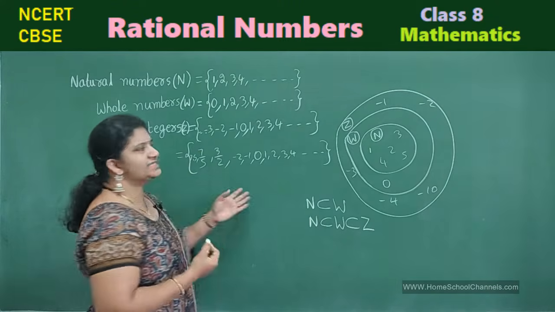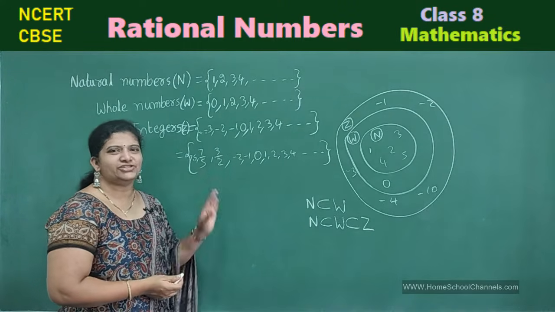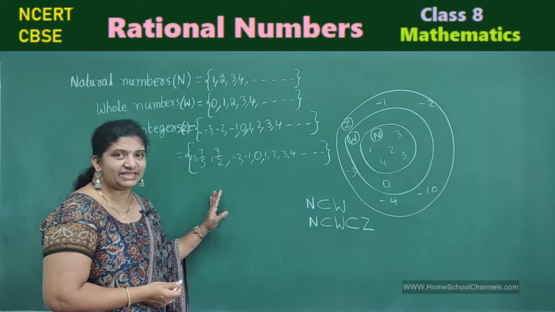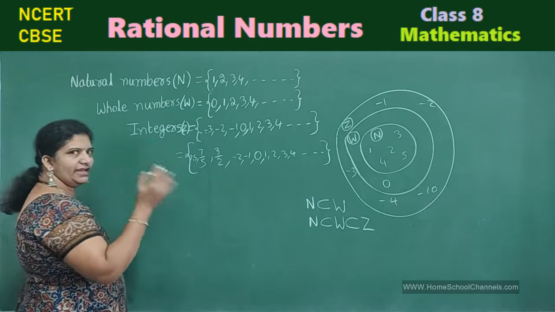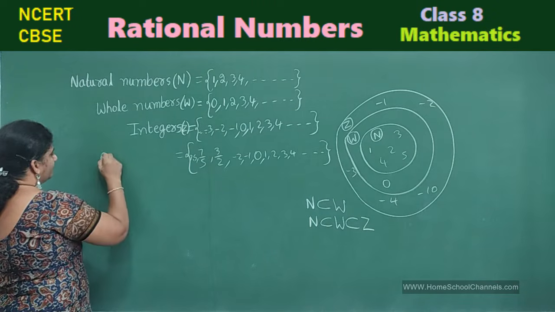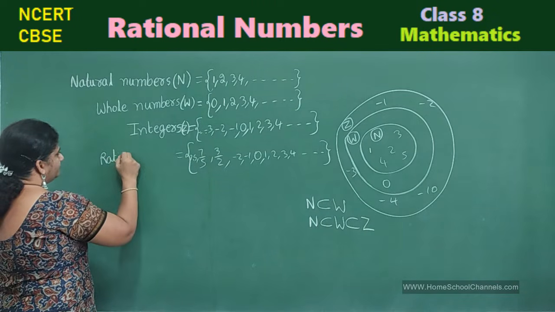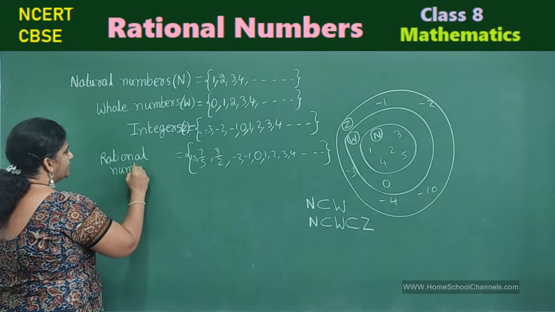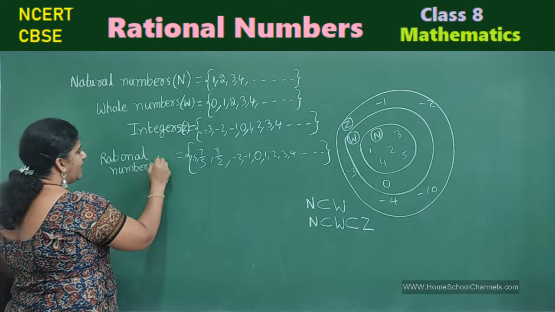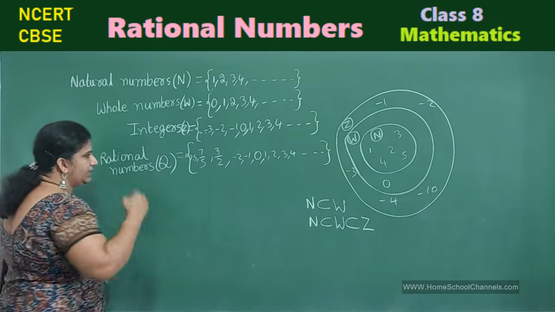What are all these called? These are all called rational numbers. All will come under rational numbers. Rational numbers are represented by the letter capital Q.